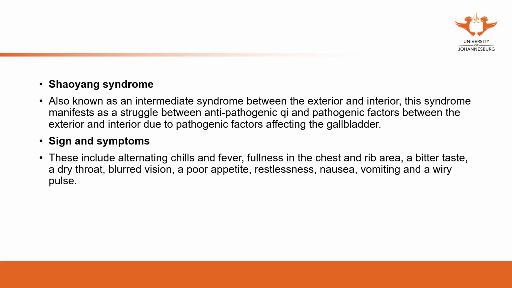Shaoyang syndrome. As you can see from the previous introduction in the previous video, the order is Taiyang, Yangming, Shaoyang, to Taiyin, Shaoyin, Jueyin. Shaoyang is the last stage of Yang.